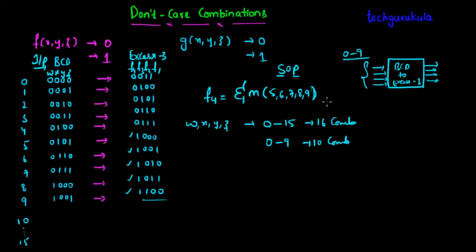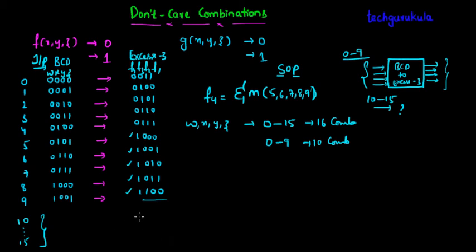So in that case, do you really worry about what the output of this system will be for the 10 to 15 input combinations? Because you are never going to give them as input. That is a condition, right? You will give only BCD as input, because after all it's a BCD to XS3 converter. So for these input combinations, by chance, what should be the output values?